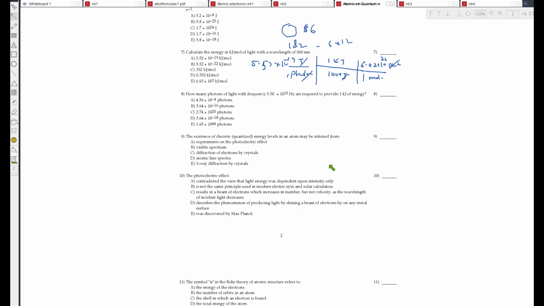So if I do h times nu, 6.63 times 10 to the minus 34, and I multiply it by the given 5.5 times 10 to the 15.